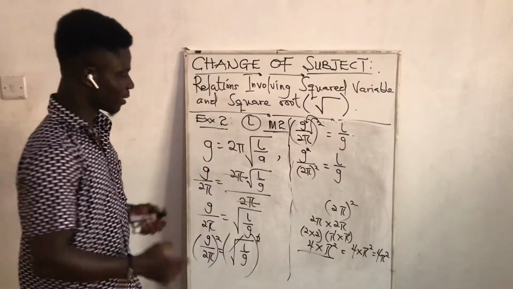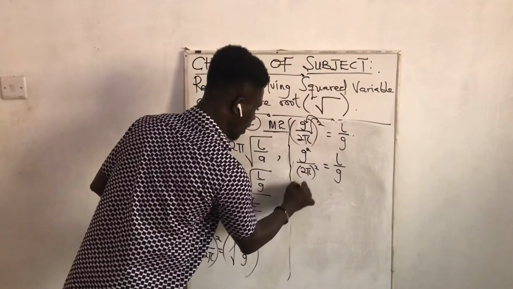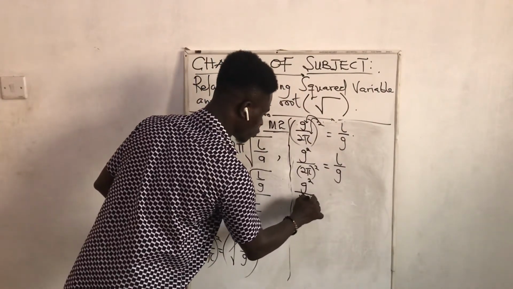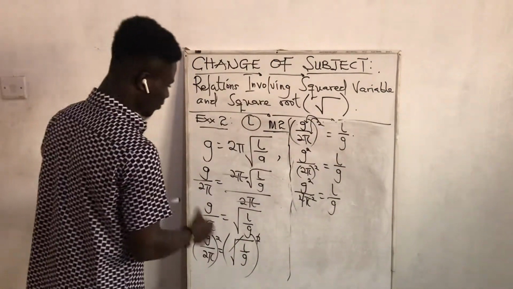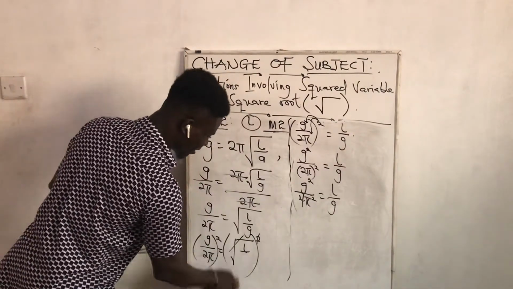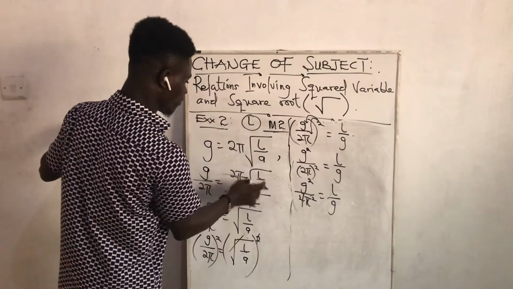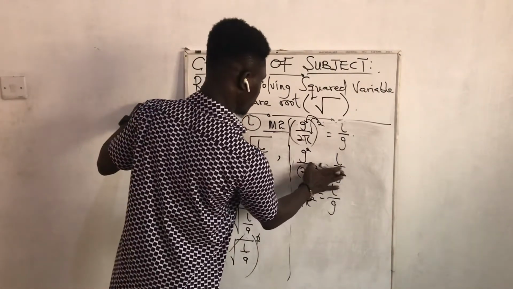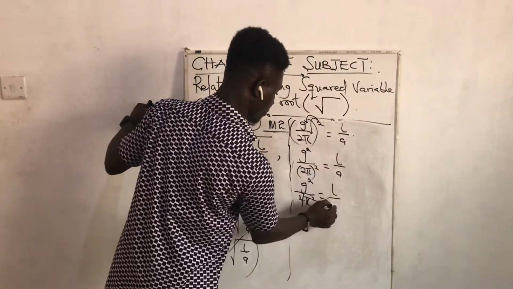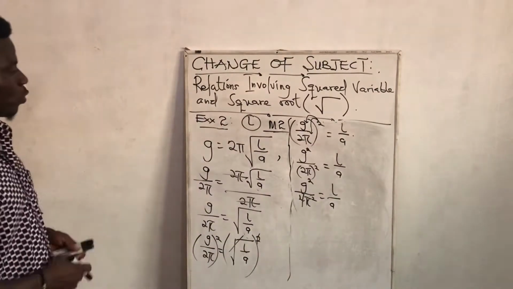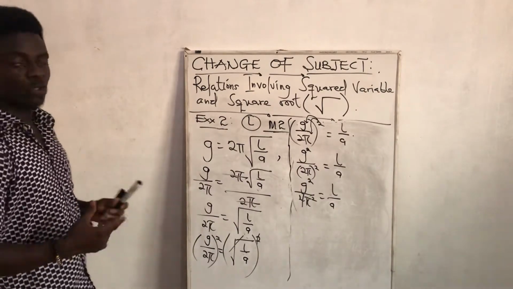So now, G squared all on 4 pi squared equals L on G. So this one is A. Sorry, it's still A. So G squared all on 4 pi squared equals L on A. So what do we do?